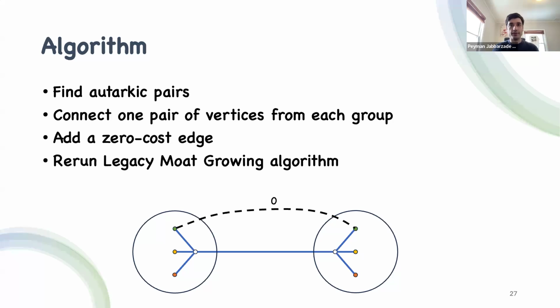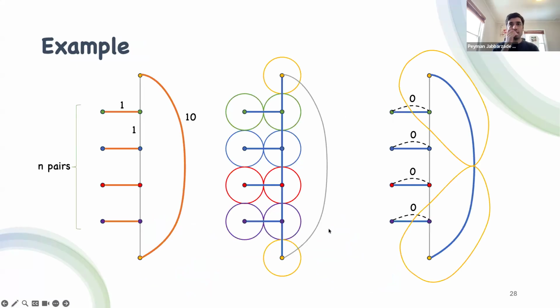So this time, if we run the legacy moat growing algorithm again, these two groups will connect to each other through this zero cost edge. And I want to show you in an example why this helps. For example, here, after we detect all of this as an autarkic pair, we buy the shortest path between them and add a zero cost edge between them.